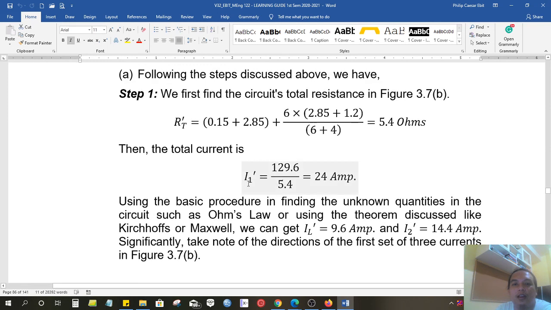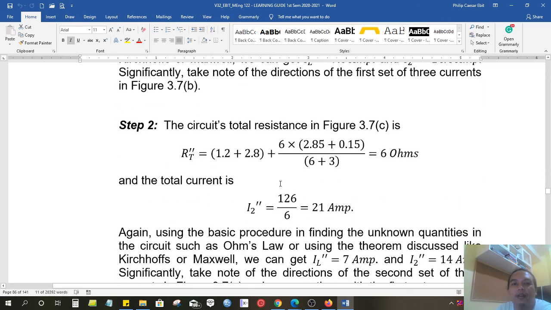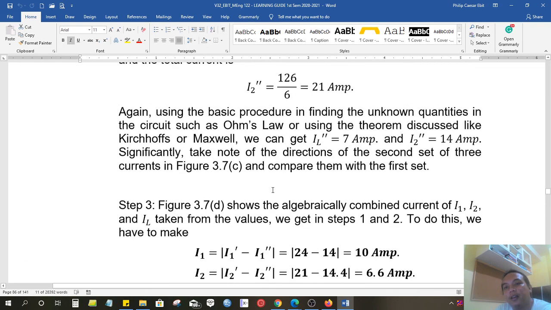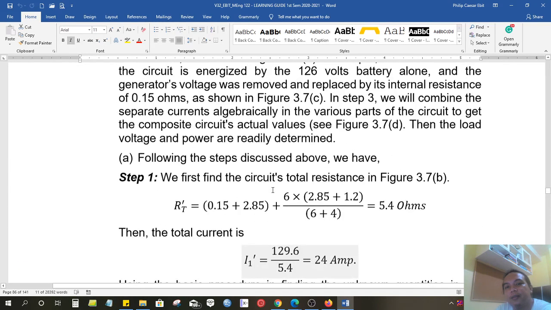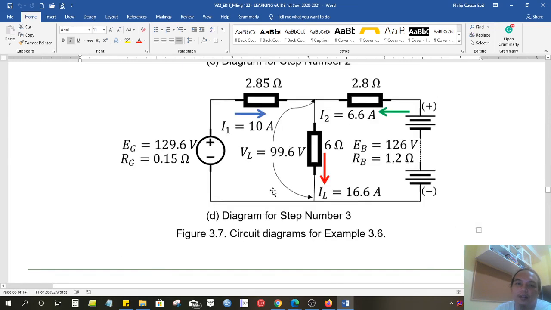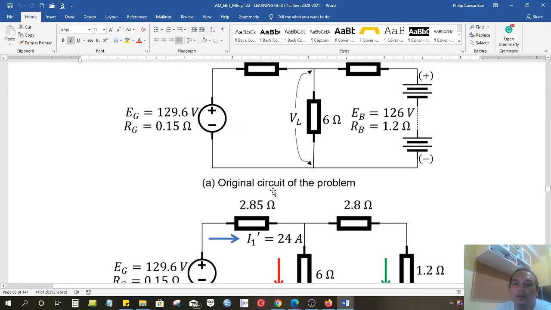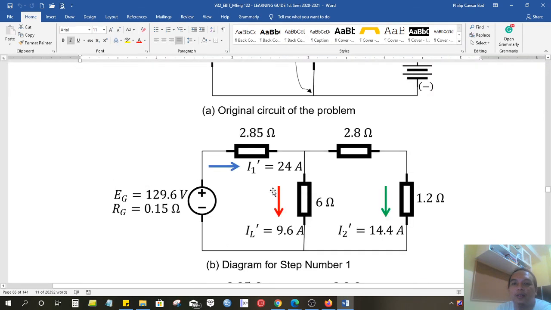As you can see, nagamit ko I1 prime, RT prime, RT double prime. Naay subtract, kaya yung uban dire mag shortcut ko pagka solve. So inyo na siyang subayon.